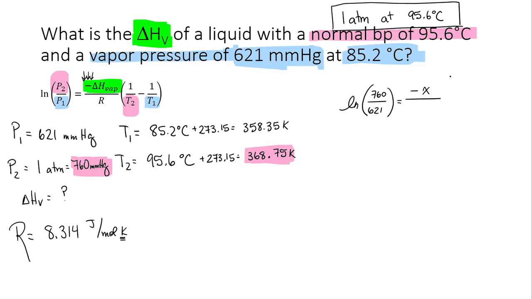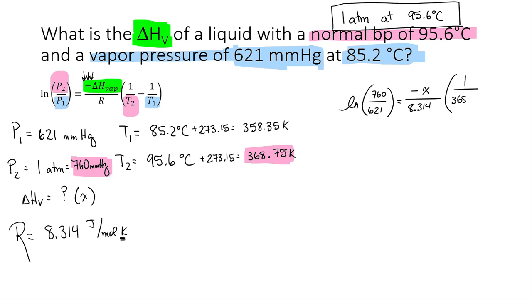And again, I'm leaving x in there as the delta H of vaporization, okay? 8.314 joules per mole Kelvin times 1 over. I'm double checking. I have 760 on the top, so I want the temperature that matches at 760.